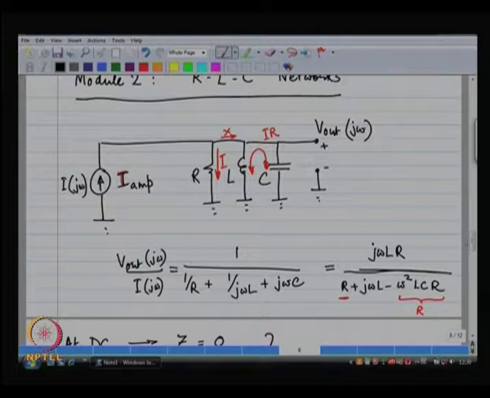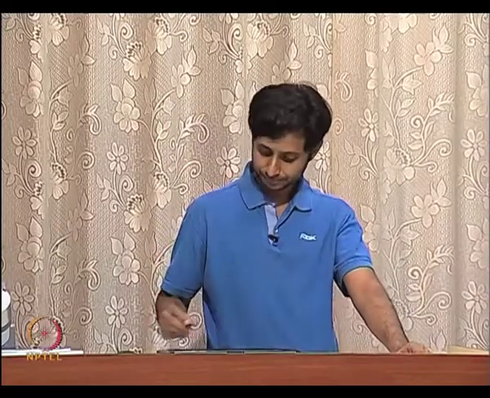The current through the resistor has an amplitude of I amp.